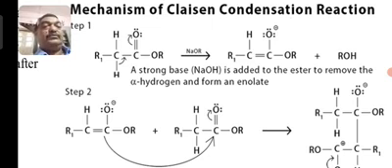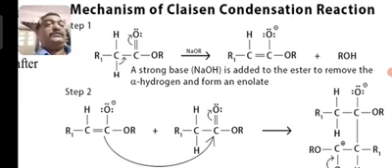So here the ester COOR contains CH3. This reacts with NaOH and yields an anion. That is, the proton will be eliminated and the pi bond of the carbonyl group will shift towards oxygen. Oxygen will become minus and the proton will be deprotonated in the presence of NaOH.